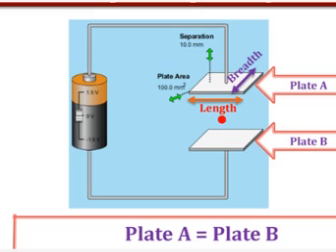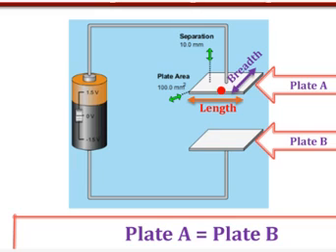We also have the separation between these two plates, the distance between plate A and plate B. In this case, it is the distance from here to here, and you can express this as the separation between the plates, which is given as 10 millimeter.